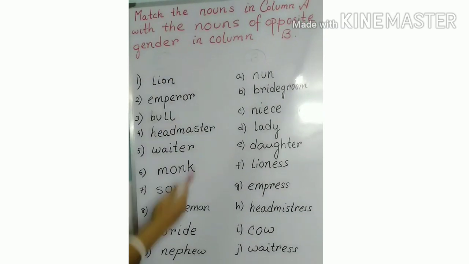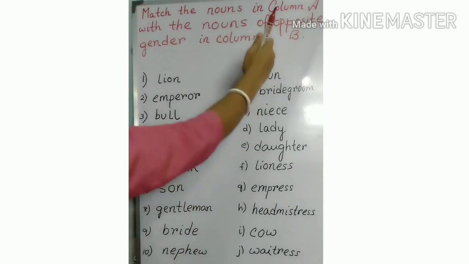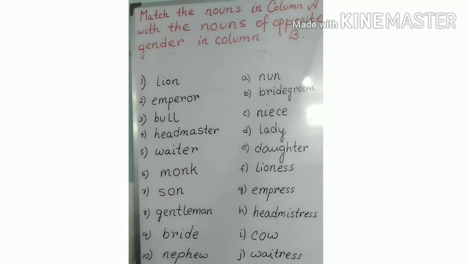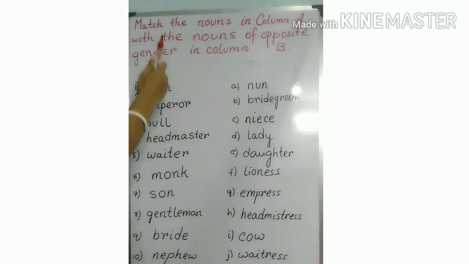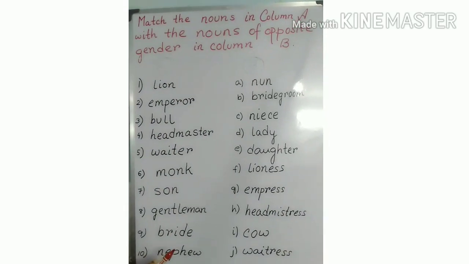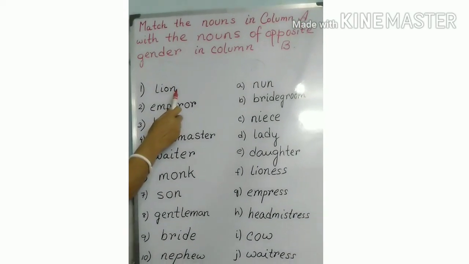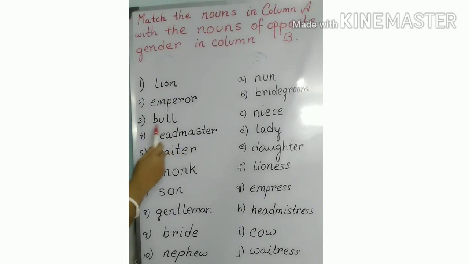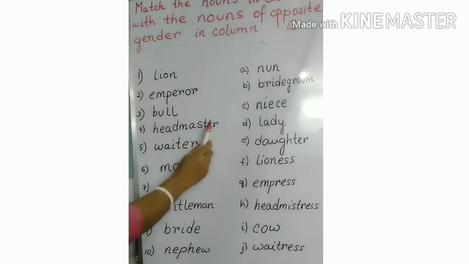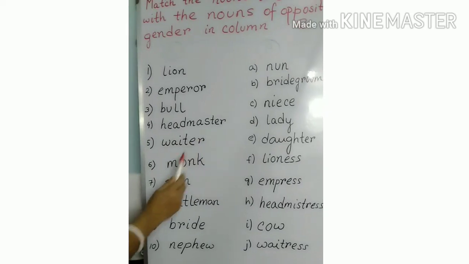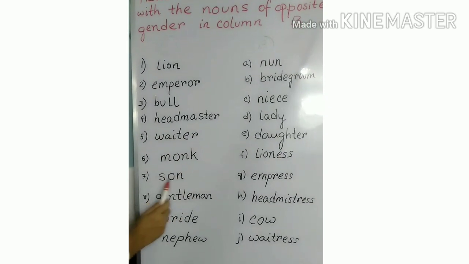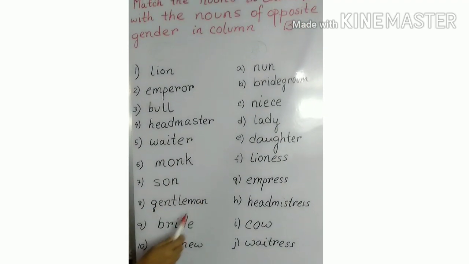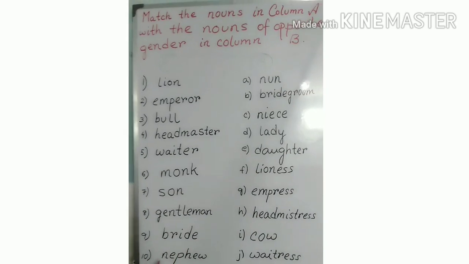So here is column A and this is column B. Let us see the words that are there in column A. Lion, emperor, bull, headmaster, waiter, monk, son, gentleman, bride and nephew.